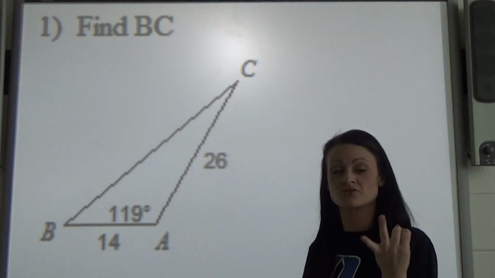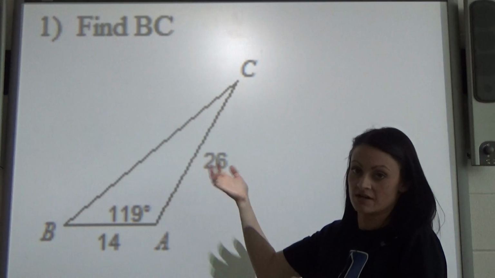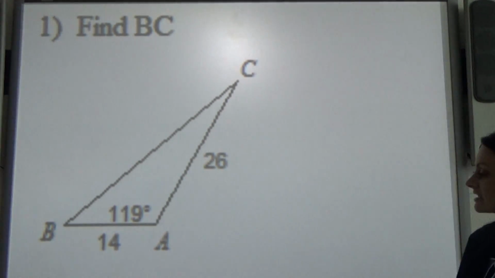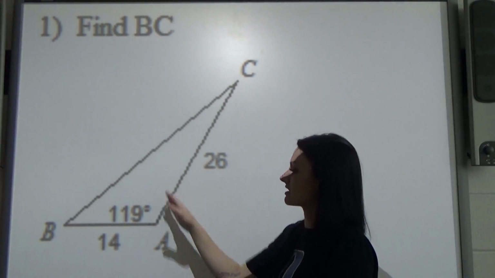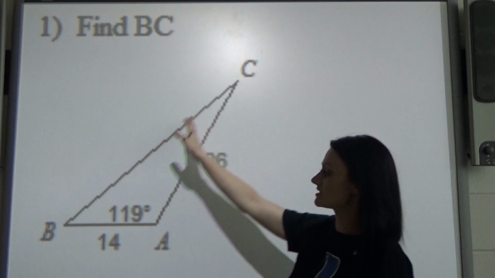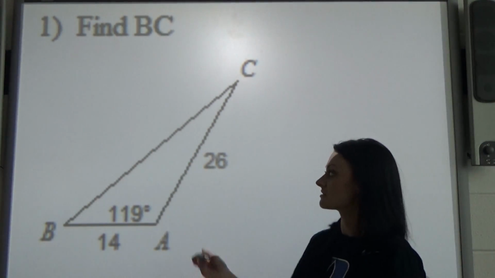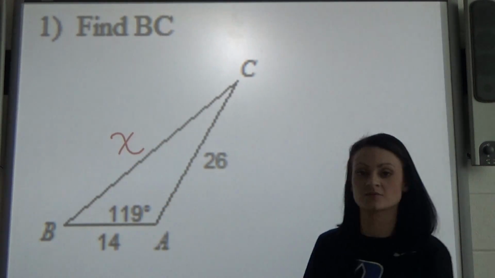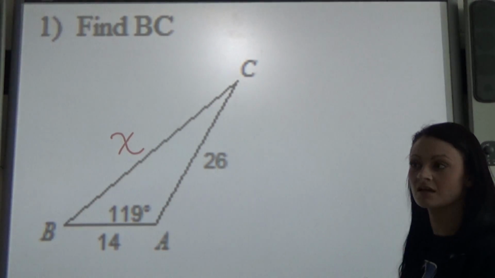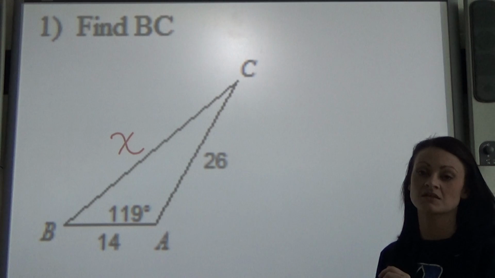It also kicks right triangle trig out the door because it's not a right triangle. Law of sines wouldn't be helpful because I, again, would have two missing angles that I couldn't match up 26 or 14 with. So ultimately, this is the side I'm trying to find. This would be a law of cosines scenario.